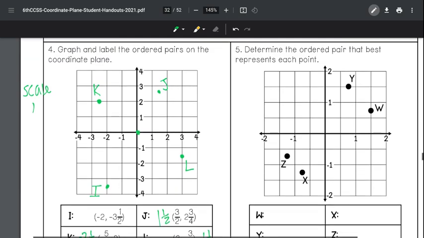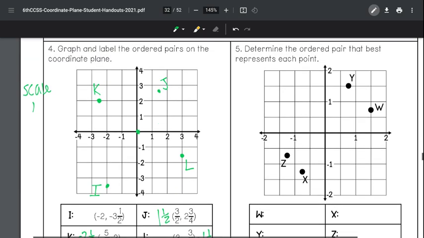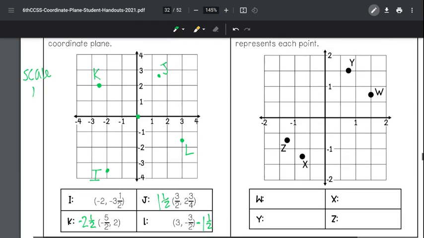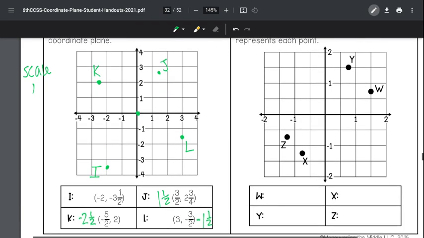All right, number 5. Determine the ordered pair that best represents each point. So we've got W, X, Y, and Z. I can see that every block is 0.5. So 0.5, 1, 1.5, 2. Same thing going up. 0.5, 1, 1.5, 2.